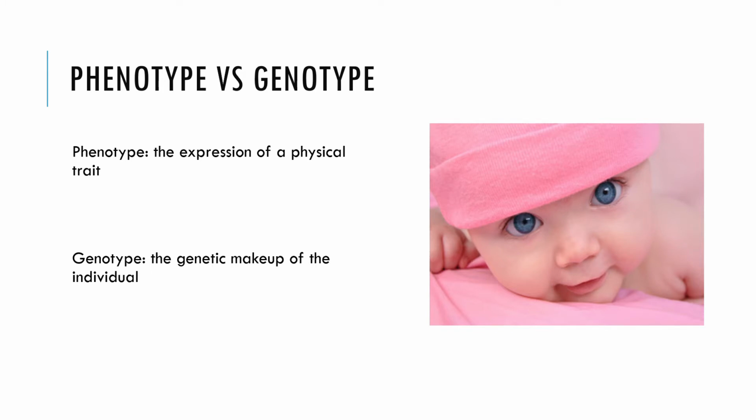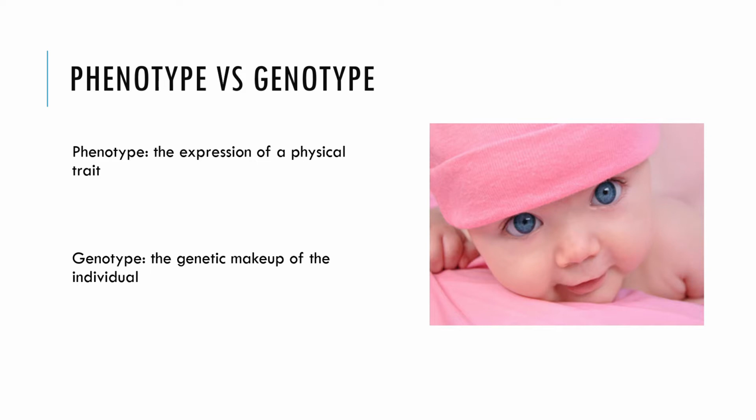So let's get into a couple of these. Remember, phenotype and genotype are important terms to learn and remember. Phenotype, think of it this way. Here you have a baby, right? And the infant has blue eyes, right? So what is the phenotype of this baby and what is the genotype of that baby you're looking at?